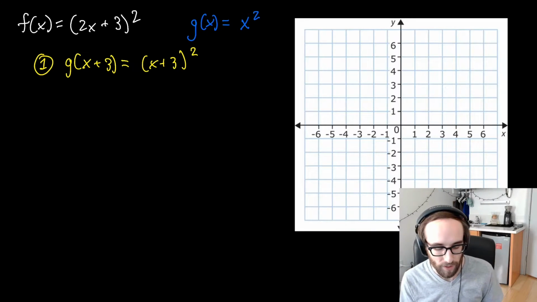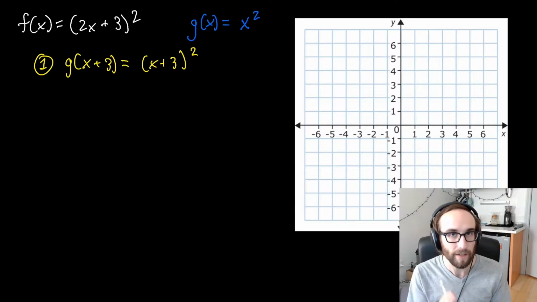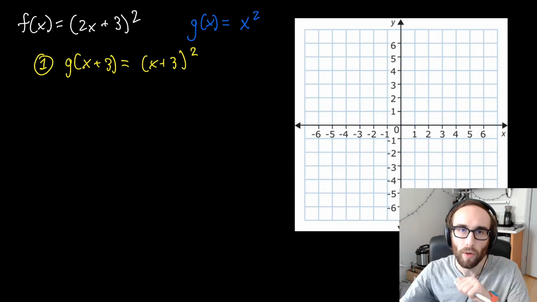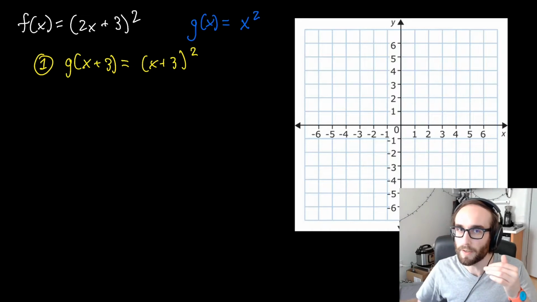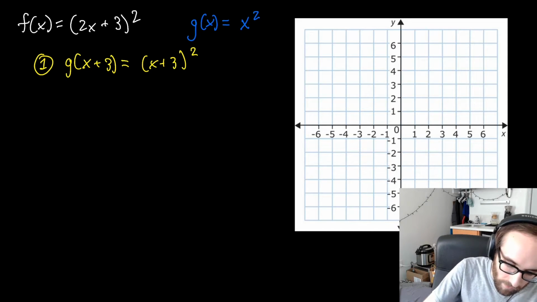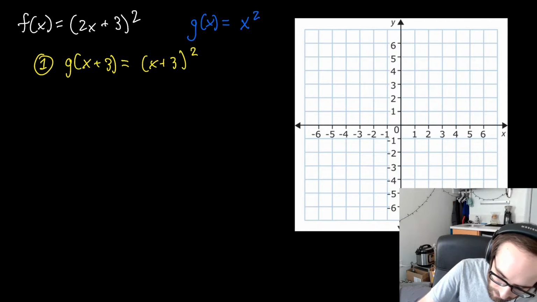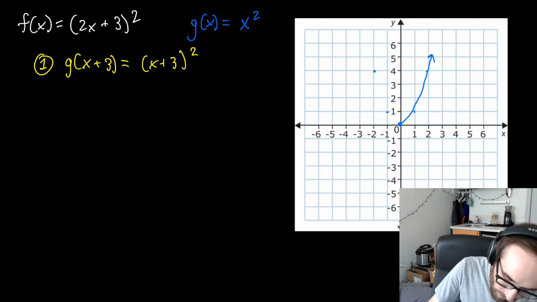Okay, so here we're taking x squared and we're translating it to the left. So if we first graph g of x, which is x squared, sketch a quick graph of that. 0, 0, 1, 1, 2, 4, negative 2, 4, and so on. So here's our graph of g of x.